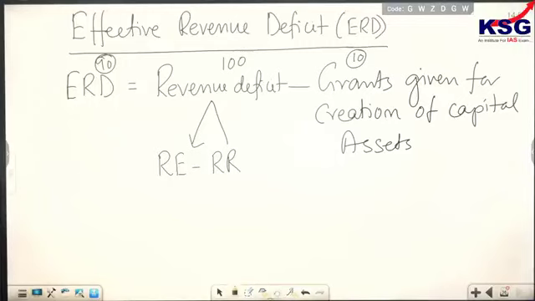ERD has been introduced by an amendment to the FRBM Act through the Finance Act 2012. Full stop.